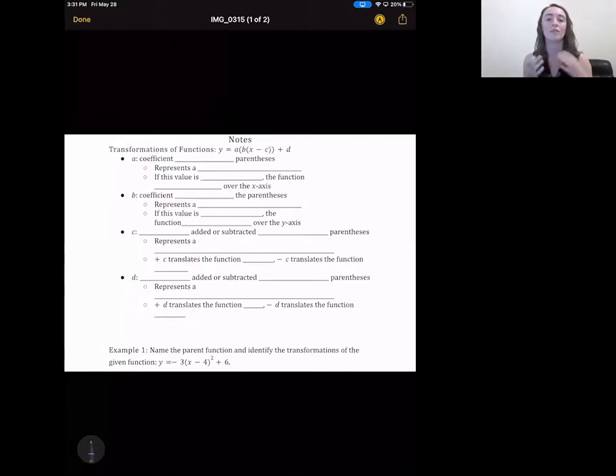Awesome. So we have 4 different types of transformations of functions that can happen. First is notated by this constant a, which is a coefficient outside the parentheses. This particular coefficient outside of the parentheses is going to represent a vertical stretch.